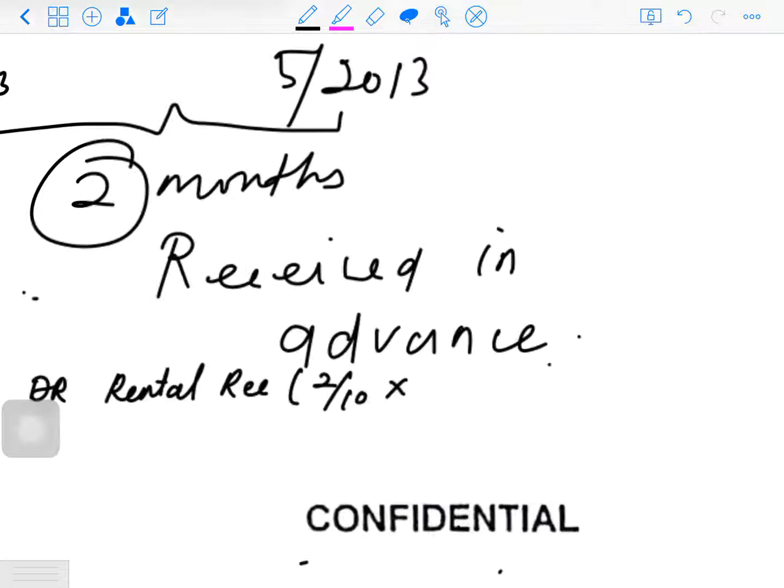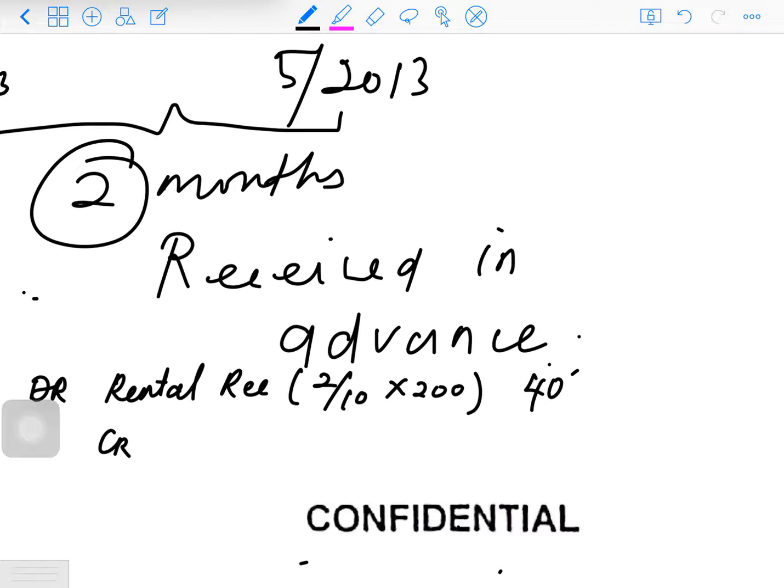So 2 over 10 of 200. So how much is that? 2 divided by 10 times 200, 40.